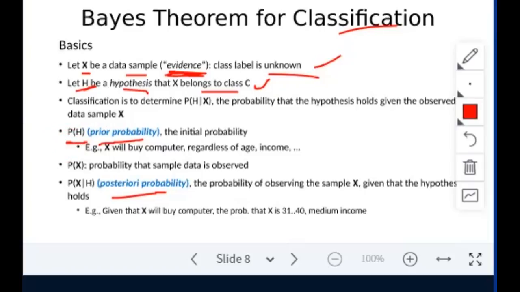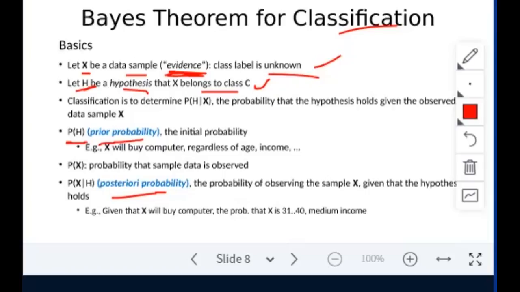H is a hypothesis. It says the variable X belongs to a class C, any class C. So this is P of H, the prior probability.